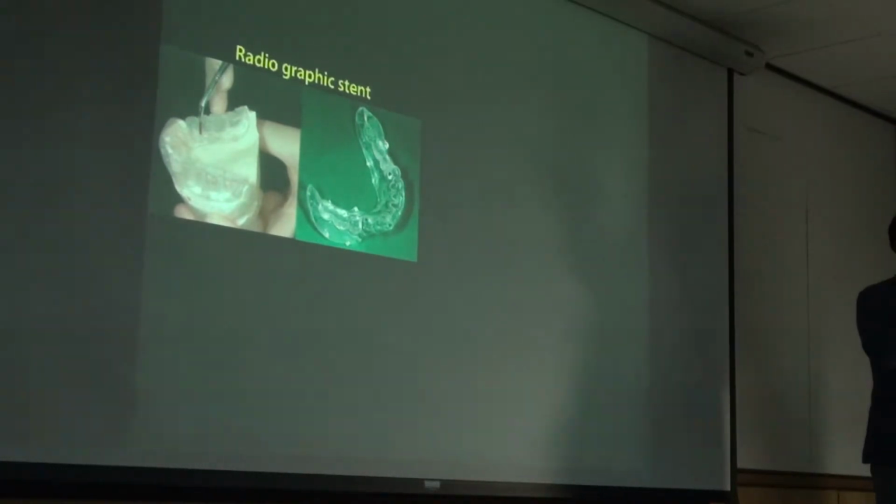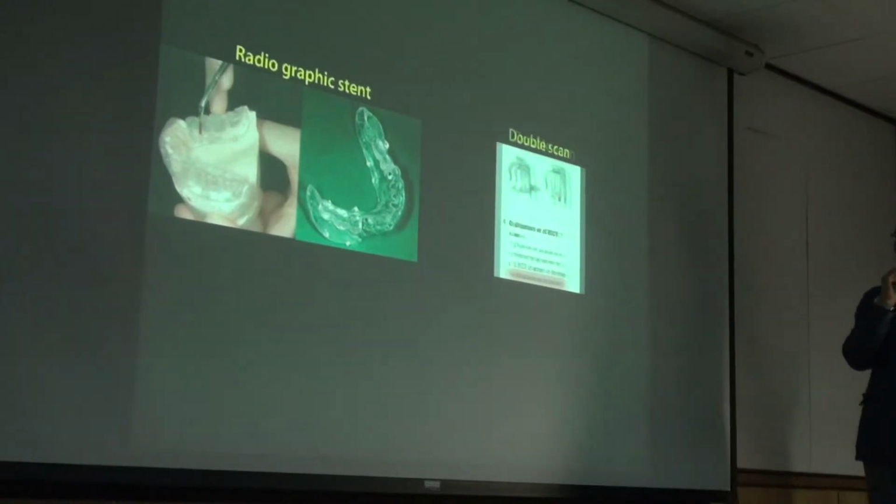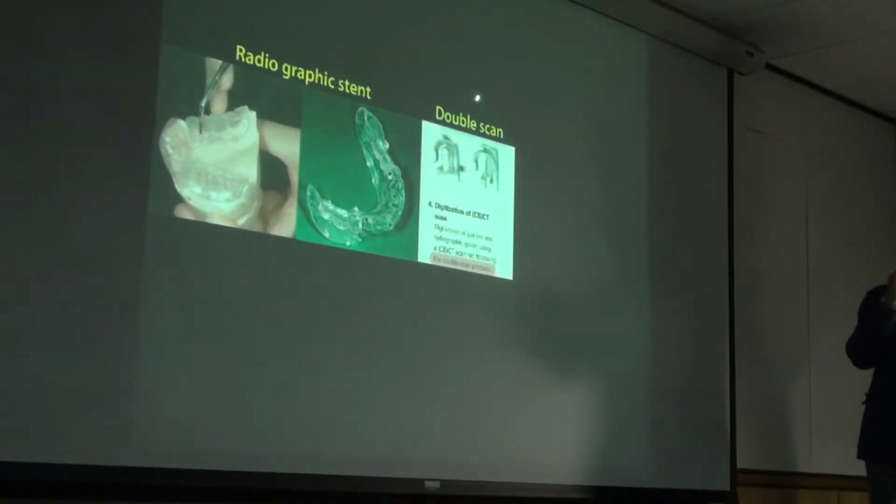in the radiographic stent. And then at the patient's second visit, wearing the radiographic stent in the patient's mouth and taking a CT. After that, take out the radiographic stent and scan only the radiographic stent using the CT scanner.